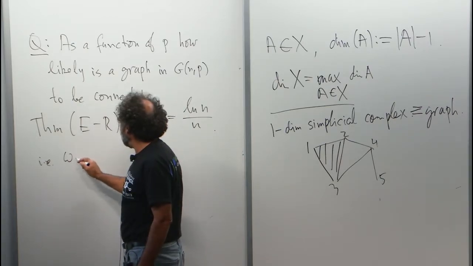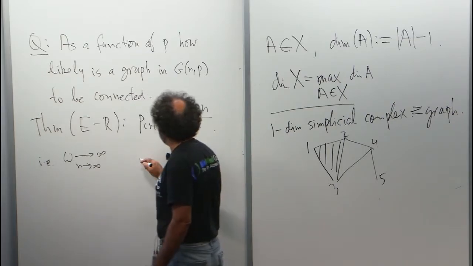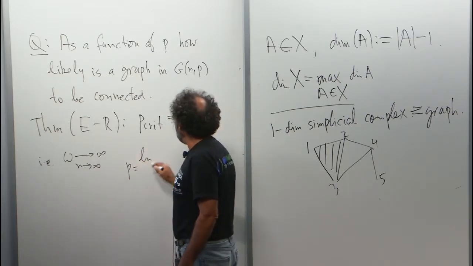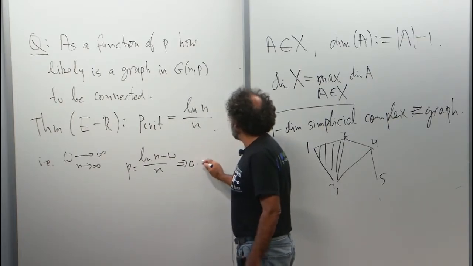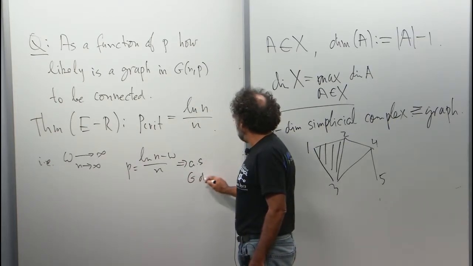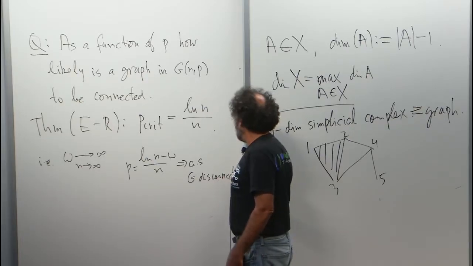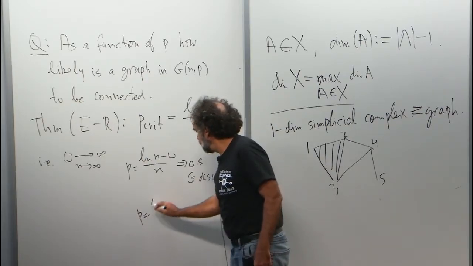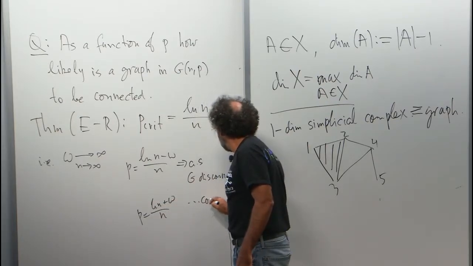If omega(n) tends to infinity with n, then if p is (ln n minus omega) over n, then almost surely G is disconnected. And if p is (ln n plus omega) over n, then almost surely it's connected.